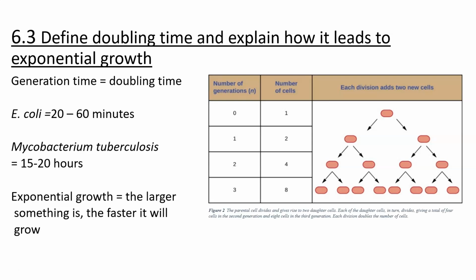It takes the same amount of time for one cell to make 2 as it does for 1 million cells to make 2 million cells. But if I start with 1 million, my numbers get higher faster. So we say bacterial populations grow exponentially.